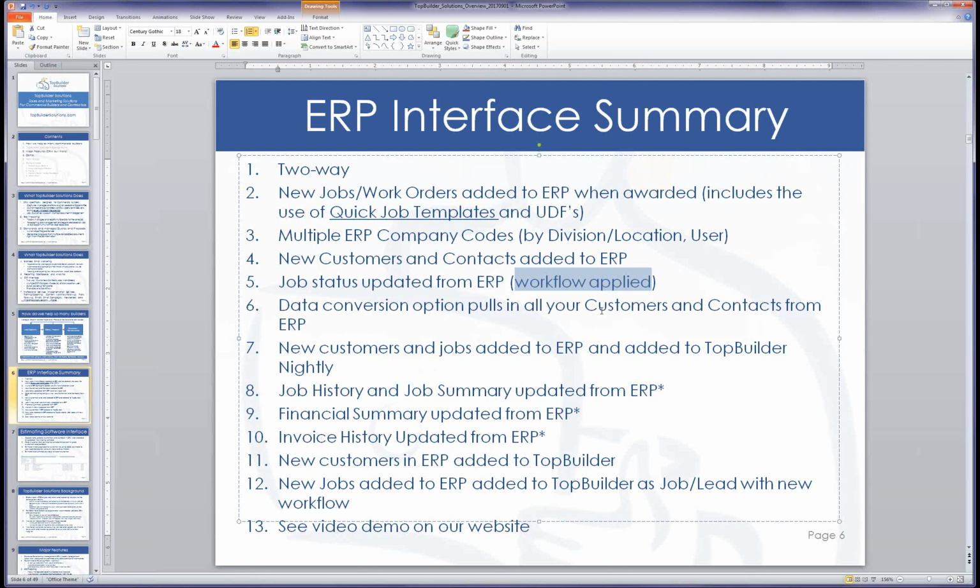And then all of a sudden, the status is changed to completed, and then they'll get an alert in CRM to say, okay, you need to go contact the customer, initiate a survey, maybe initiate kind of a wrap-up routine on the job, and also, of course, ask for the next opportunity. And then they'll get an alert, a text message alert, an email alert, or it'll show up as a calendar appointment for them. Or it'll just be a task in TopBuilder CRM. Okay.